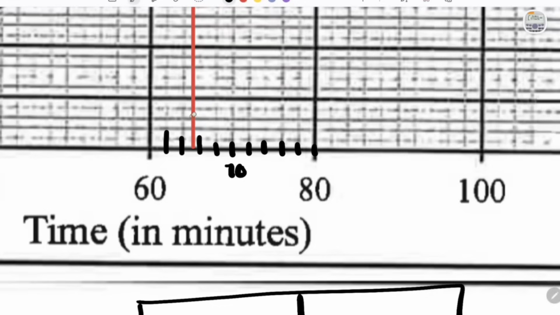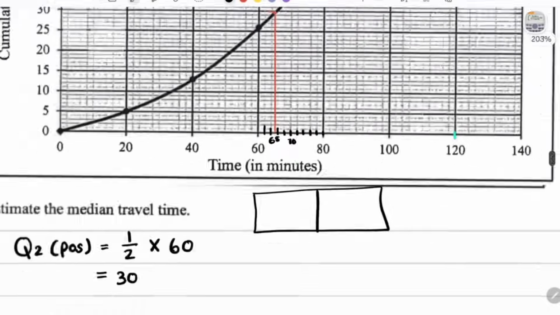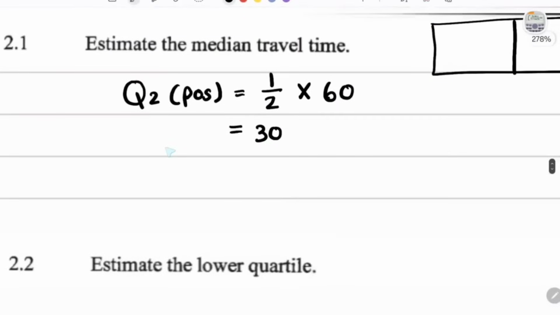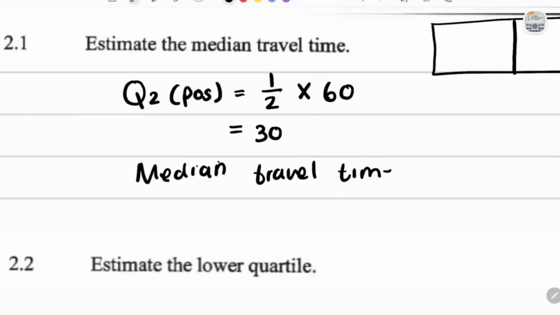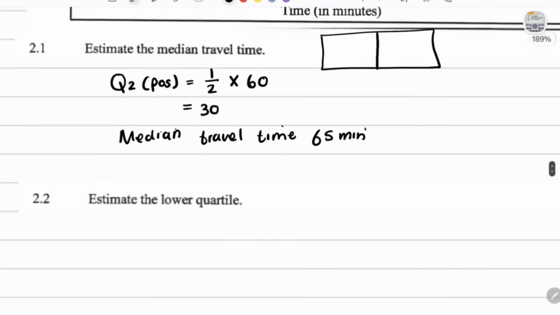It's in the middle of 64 and 66, so we'll say that's 65. So the median travel time is 65 minutes. And that's how we find that.